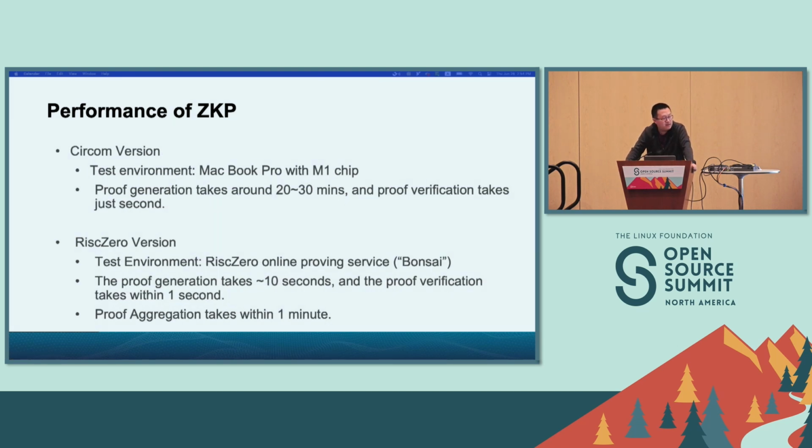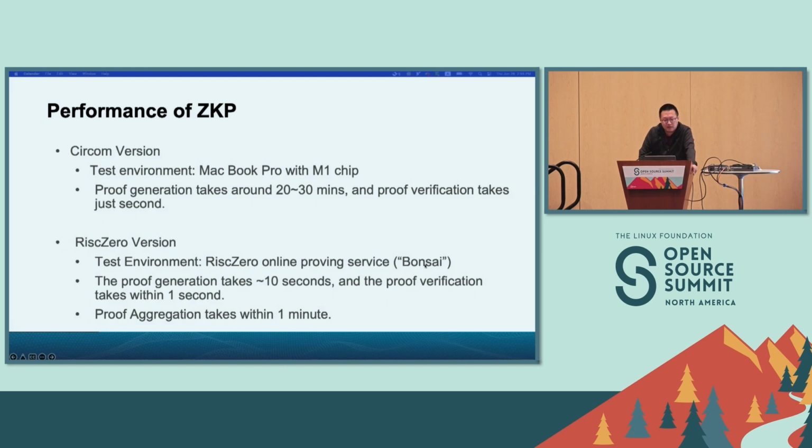As for the performance, since we only wanted to verify the correctness, we didn't do optimizations. We just wanted to see whether this would work. For the Circom version, as you can see, we only tested using our working laptop, a MacBook. The proof generation takes like 20 to 30 minutes, so it's very slow. The proof verification takes within 1 second, which is still good. For the RISC-0 version, we tested the performance using RISC-0's online proving service.